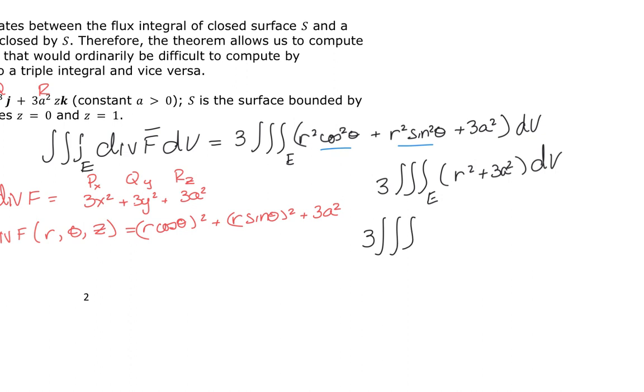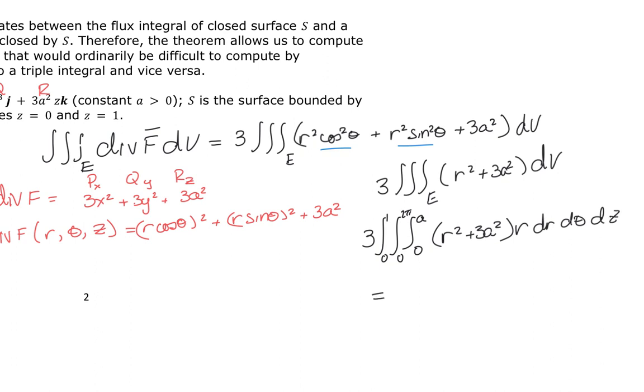I'm going to do z last, so I'm going to go from 0 to 1. I'm going to do theta second, so it's going to go from 0 to 2 pi. I'm going to do r first, so I'm going to go from 0 to a. And so I have r squared plus 3a squared, and then I need an r because remember we talked about the Jacobian and needing to have that r dr d theta. So I have r dr d theta dz.